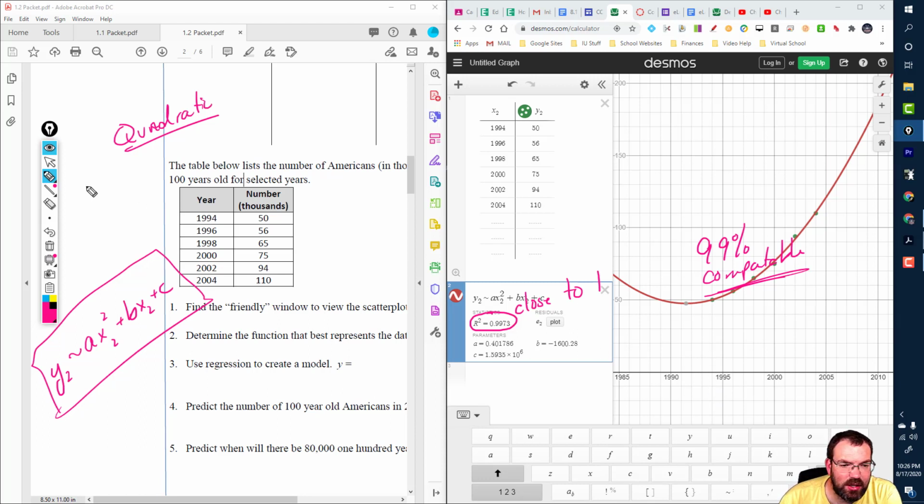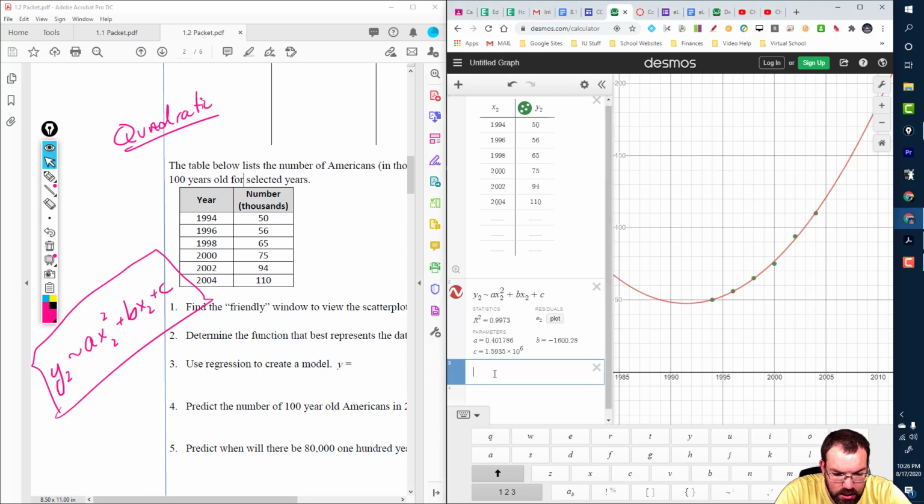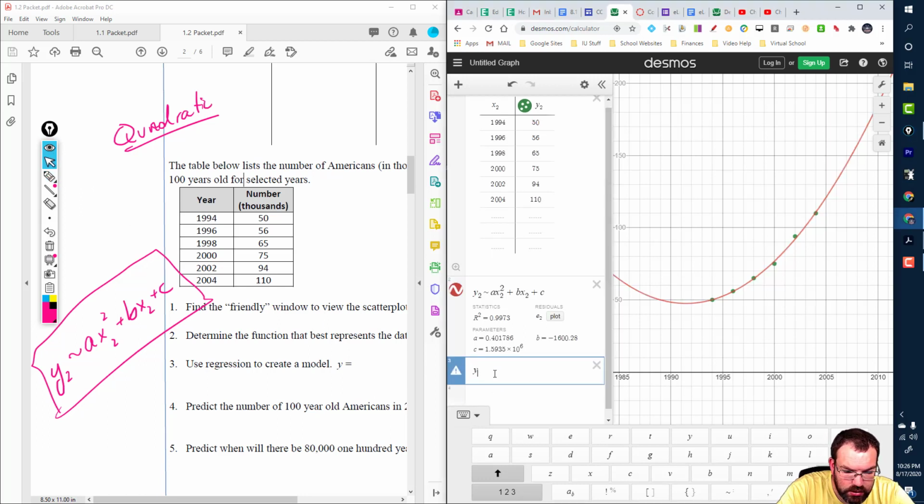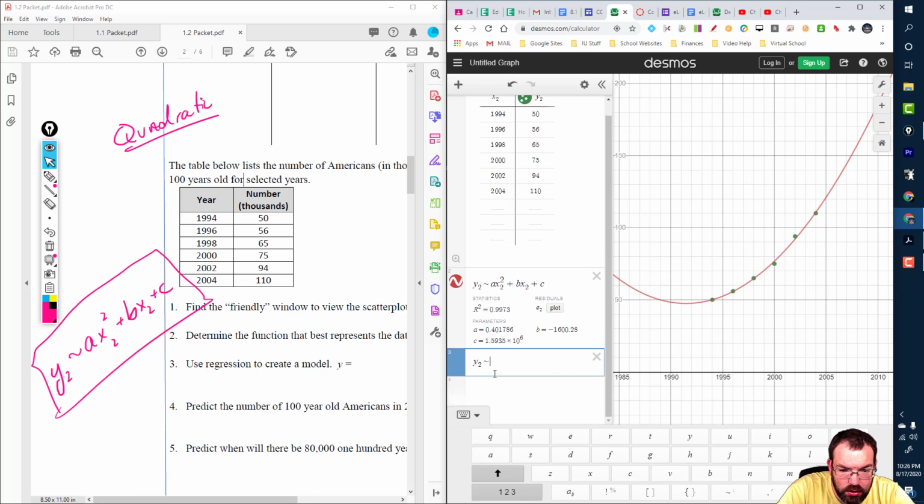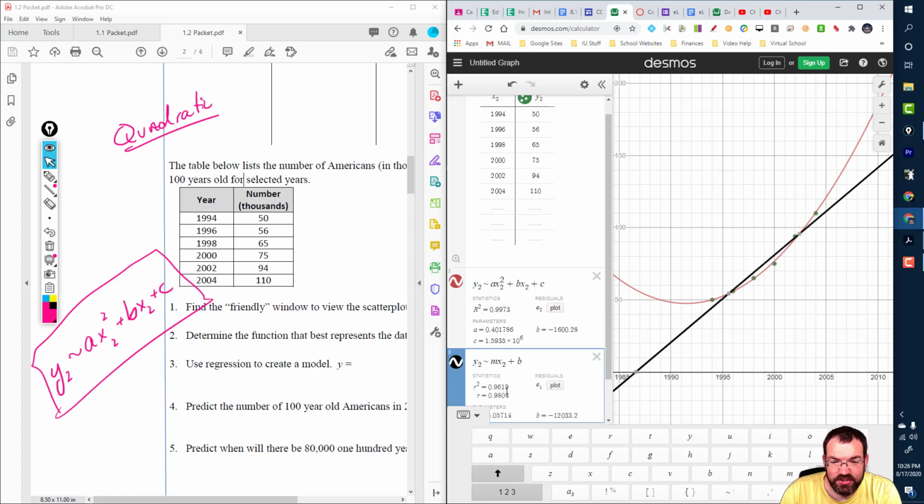Now you might be thinking, what happens if I did linear? I'm just going to do linear real quick. Don't do this, but I'm going to show you what you would get if you did linear. So y sub 2 twiddle mx sub 2 plus b. See this r squared?